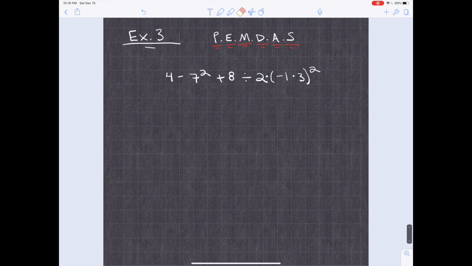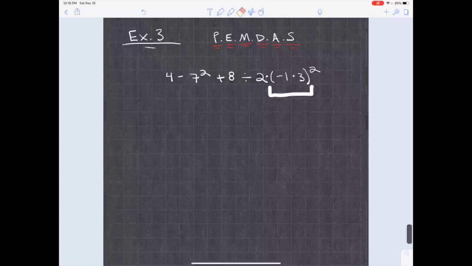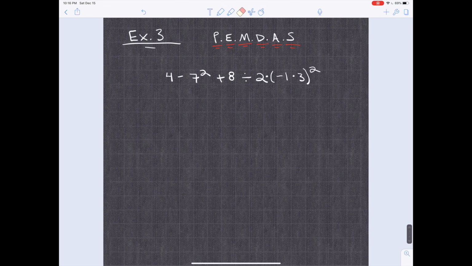All right, for example number 3, you can see that we have every operation that we've talked about so far. We have parentheses, exponents here and here, multiplication, division, addition, and subtraction. And so if we were to follow the order of operations, we want to start with the parentheses first.